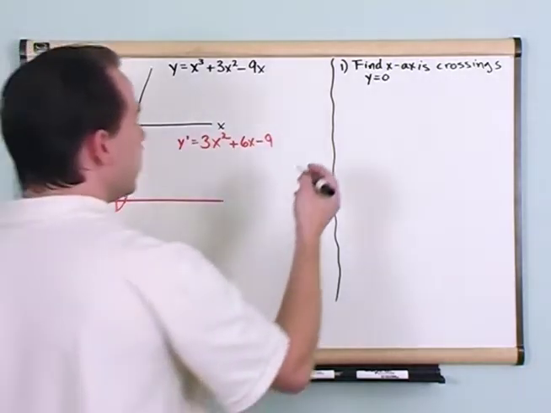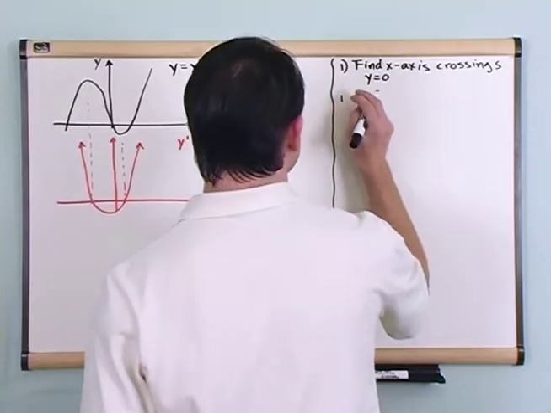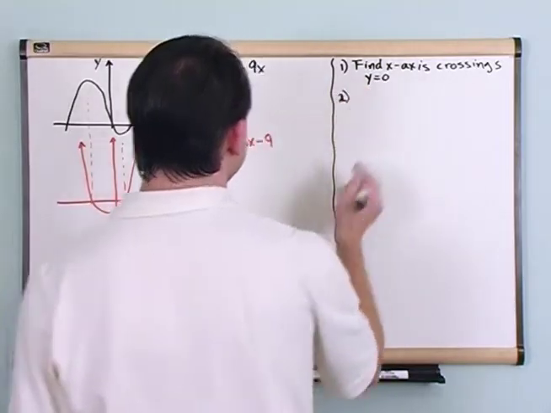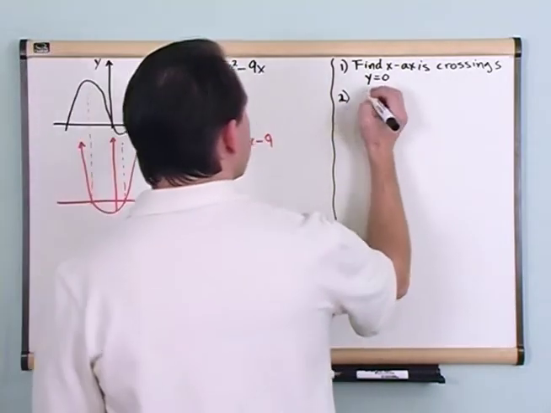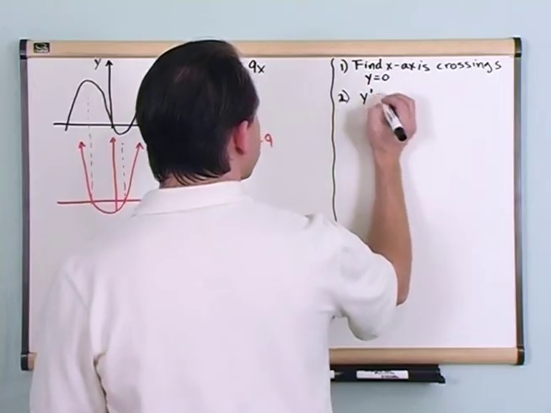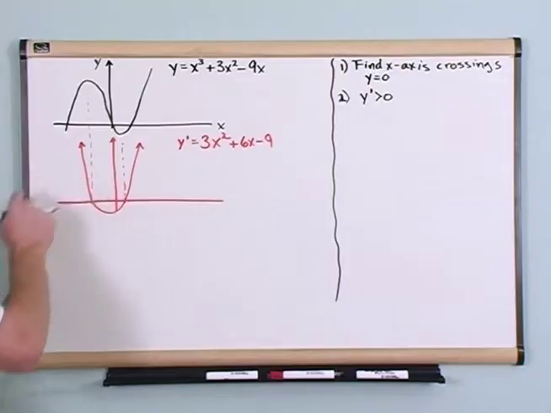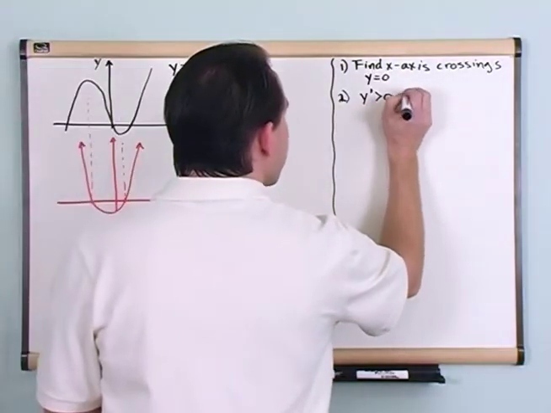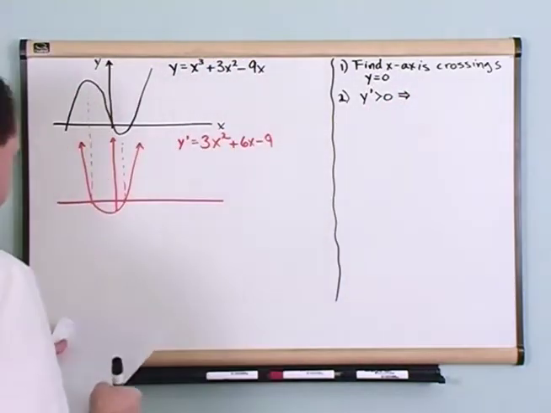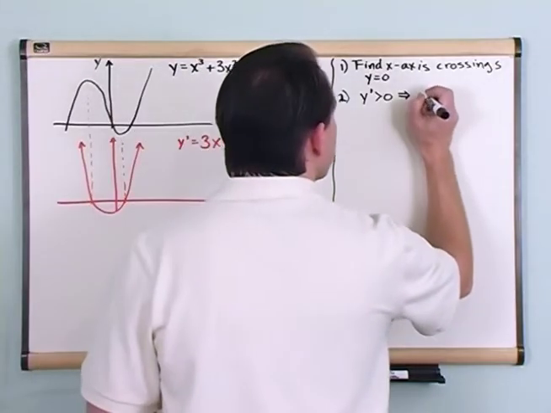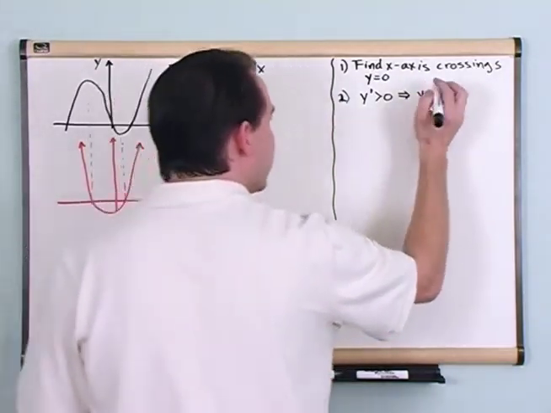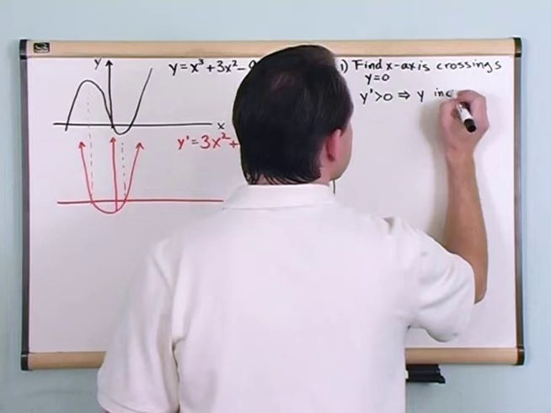So from that, you can learn a couple of additional things. I'm going to write them down here. If the derivative is greater than 0, and look, in this case the derivative is greater than 0, okay? Then that implies, and this is what I mean by this double arrow, that the graph of y itself is increasing.